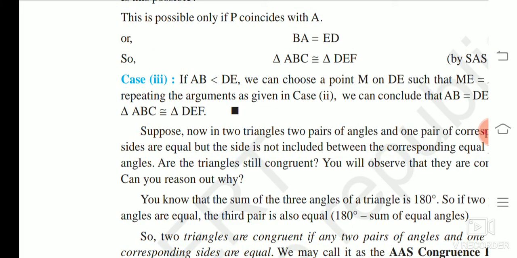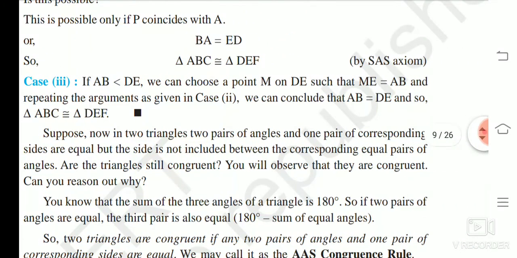Case 3: if AB is less than DE, as in case 2, we can prove case 3. We can choose a point M on DE such that ME equals AB, and repeating the argument given in case 2, we can conclude that AB equals DE, and so triangle ABC is congruent to DEF.